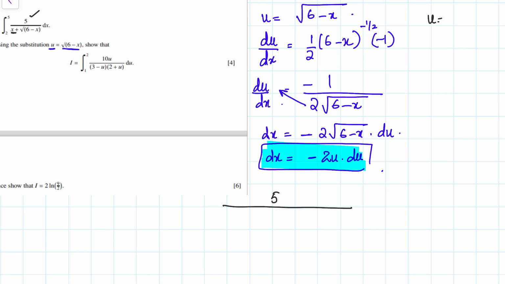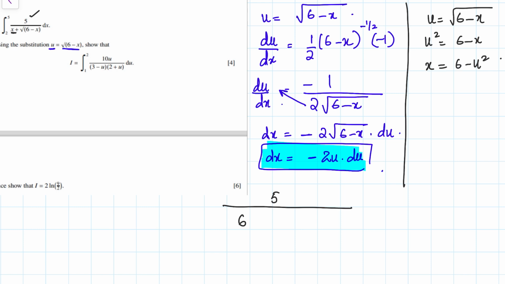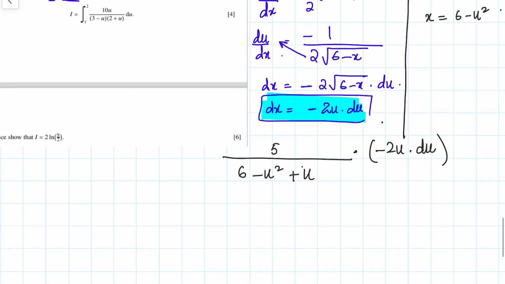So, we know u equals square root 6 minus x. Squaring both sides, u square equals 6 minus x, so x equals 6 minus u square. Very interesting. And in place of square root 6 minus x, I will write u. In place of dx, I will write minus 2u dot du. Now let's work on it.